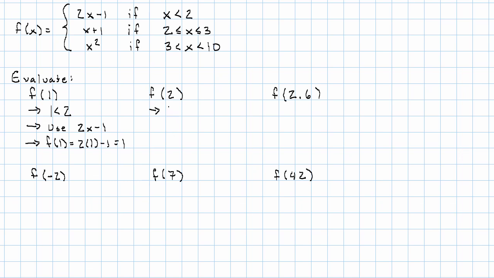Well, 2 is not less than 2. Oh, 2 fits into the second inequality. Right? 2 is less than or equal to 2. That's true. So we'll use x plus 1. We get f of 2 is 2 plus 1 is 3.